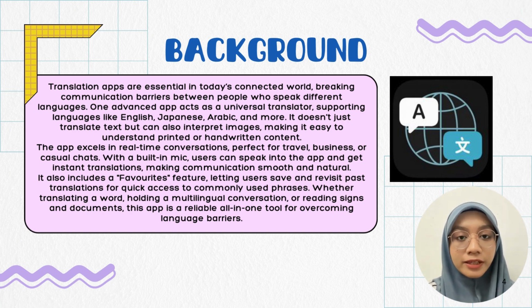It doesn't stop at translating text. It also interprets images and facilitates real-time conversations. Whether you are traveling, working, or simply chatting, this app is a perfect companion. With features like a built-in microphone for instant speech translation and the ability to save translations for later, it's an all-in-one tool to overcome language barriers effortlessly.